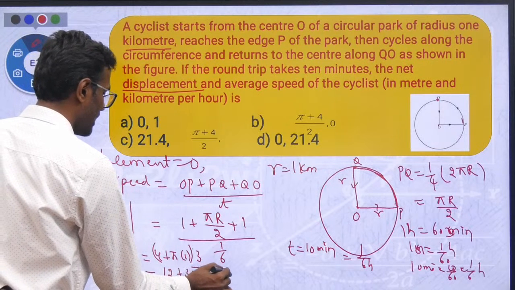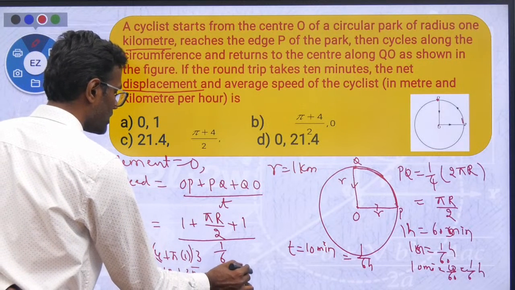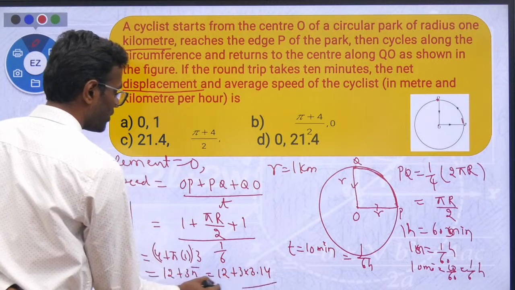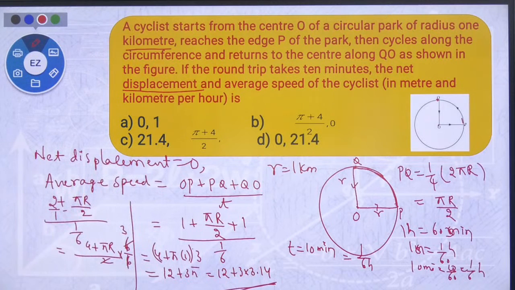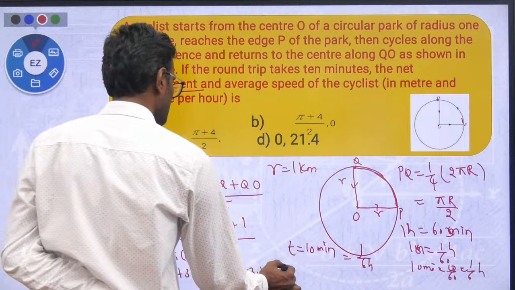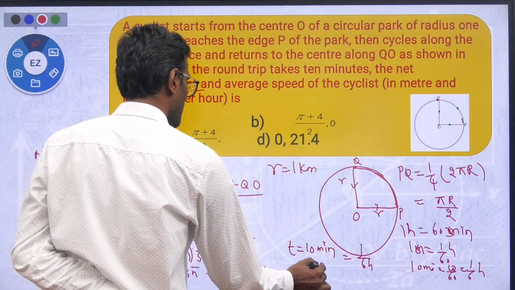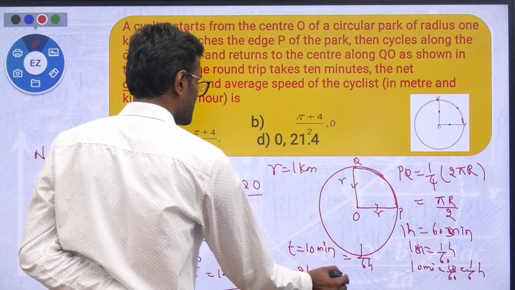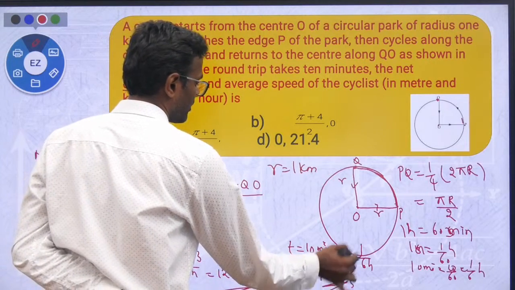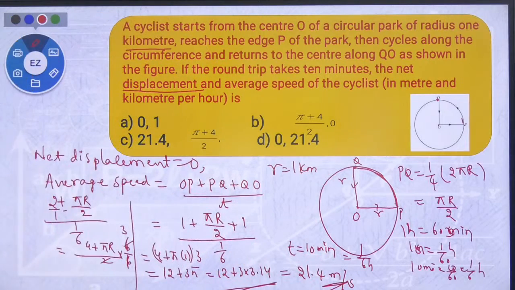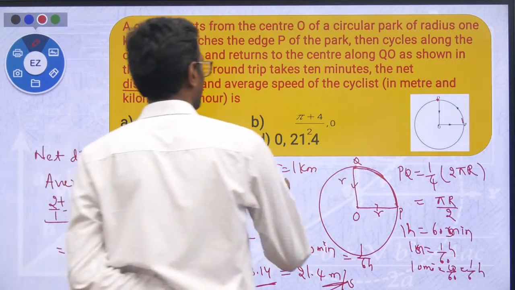So this will be 12 plus 3 into 3.14. So this value will be equal to 21.4 meters per second. So what is your answer, children?